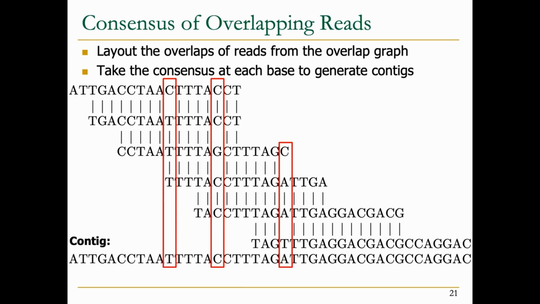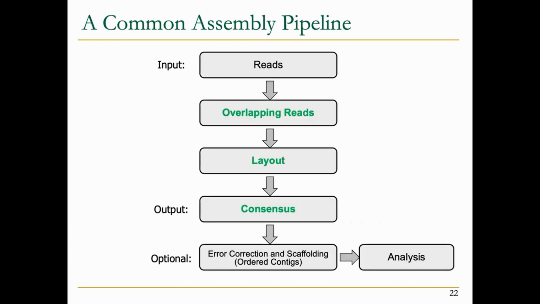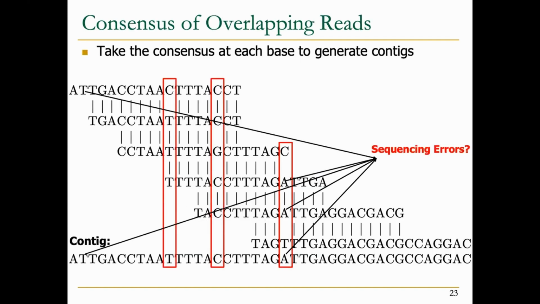But I may also not stop here. I may do several steps to improve the contiguity and also the accuracy of the contigs or of the assembly that I just generated. In order to do that, we perform error correction and scaffolding steps to improve the accuracy and contiguity of the assemblies.